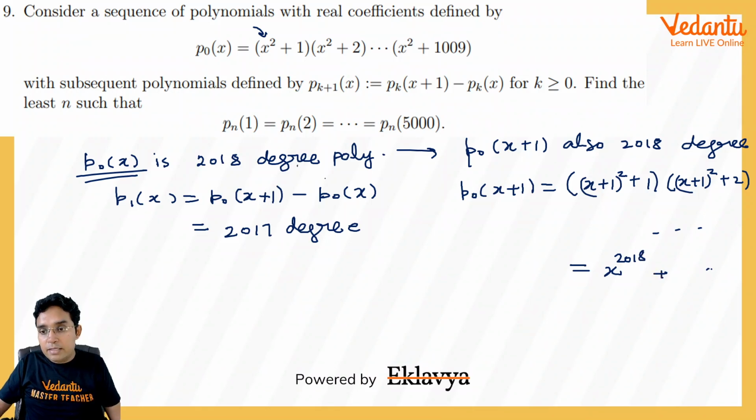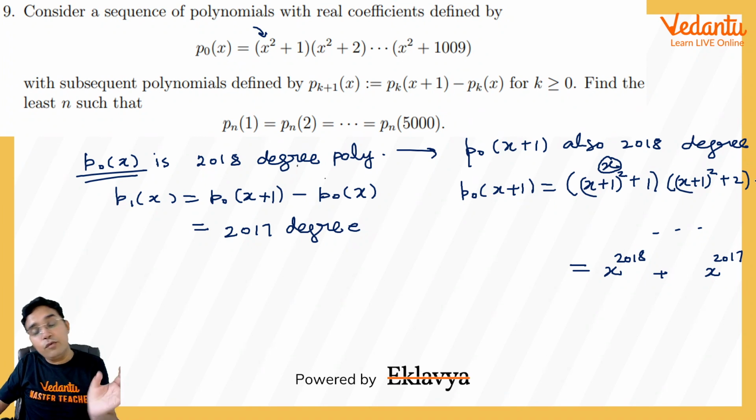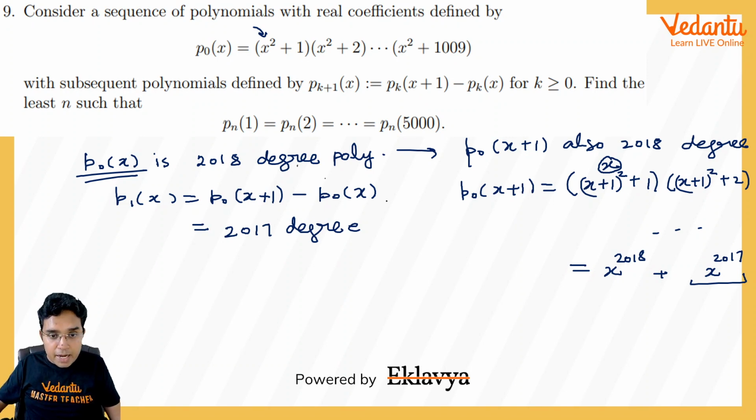But you will get some term with power 2017 also. You just have to multiply one x of one of the brackets with all x square powers of all the other brackets. This will give you 2017. And because there is no negative sign, this will never cancel in this calculation. In p naught x, we are not having any odd power. So in taking the difference, this p1 x will be of degree 2017.